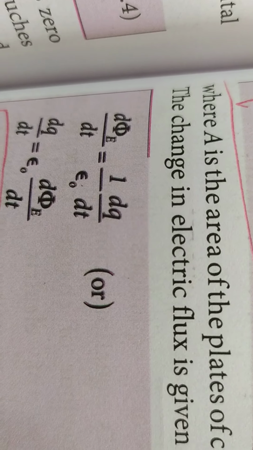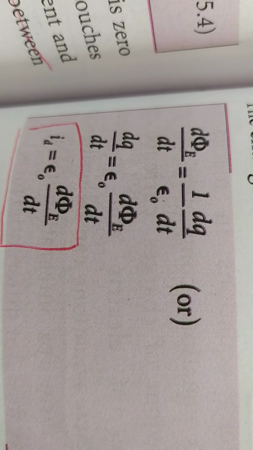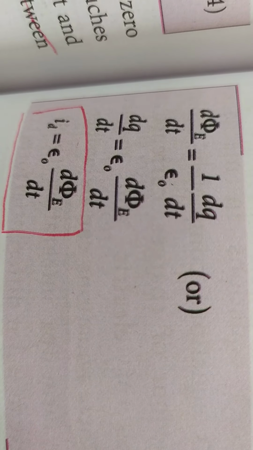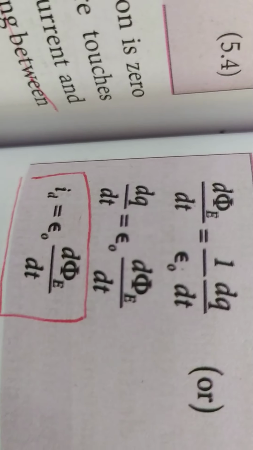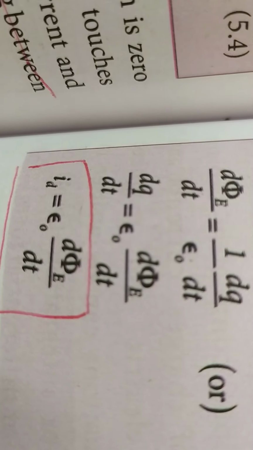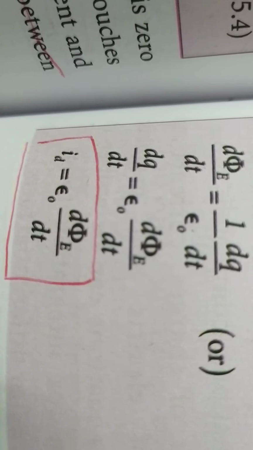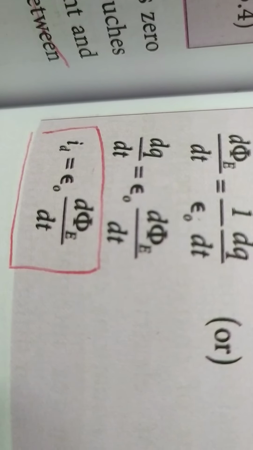Bring this dq by dt to this side, you will get dq by dt is equal to epsilon naught d phi E by dt, and this dq by dt is the rate of change of charge, which is equal to displacement current. So id is equal to epsilon naught d phi E by dt, and this is nothing but the displacement current.